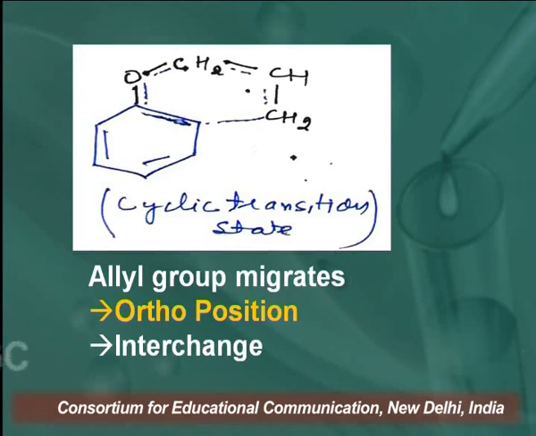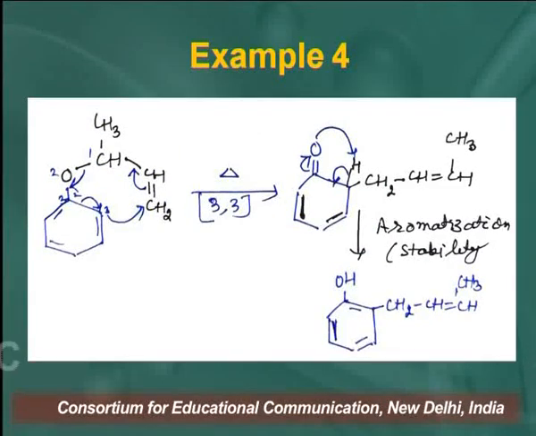Now learners, what happens when both ortho positions are blocked? Before explaining another example, we will show you the same type of example. Here this is a substituted allylic carbon atom, right, where a CH3 group is present. So this is the same reaction, migration of this allylic carbon to the ortho position.